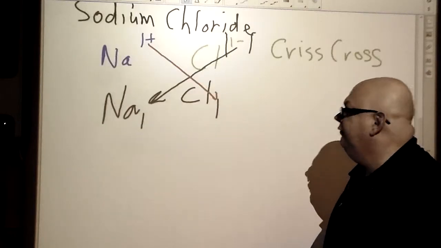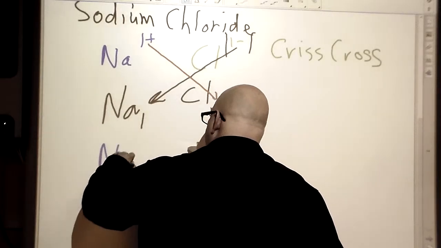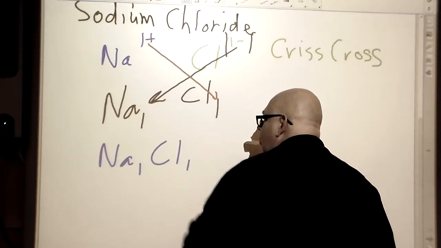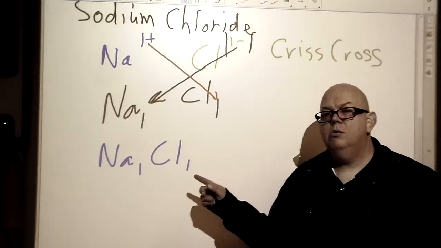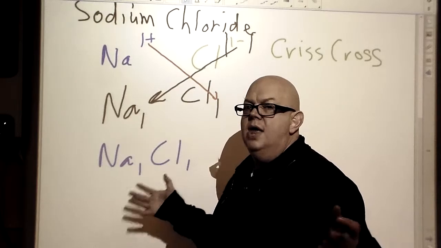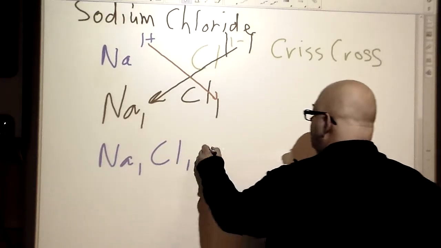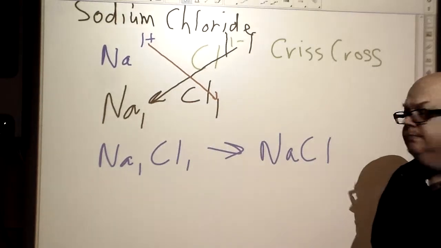What does that look like? It looks like Na1Cl1. Now, in chemistry, when you're working with the formula, you don't show the number ones. There's no need to. So we change that to NaCl.